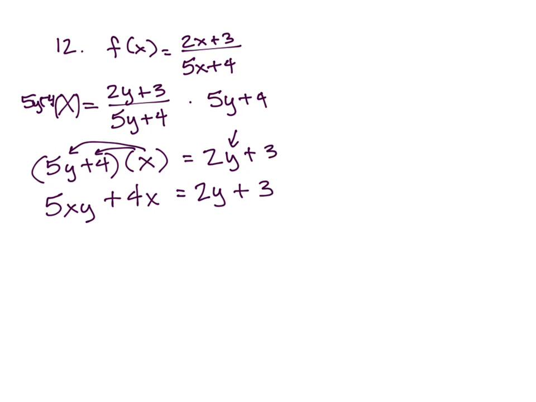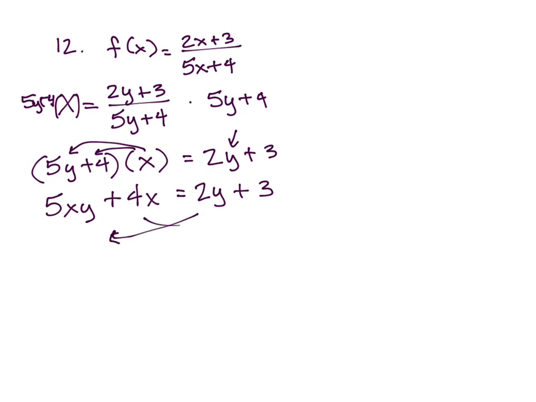Now we can get all of our y stuff on one side and all of our other stuff on the other side. Okay, this is a really crucial set of procedures. We do this in pre-cal, those of you who are headed that direction next year, and we do this same thought in calculus. So this movement of variables across equals, this holds. You got to know how to do this. We want everything that says y to push to the left.